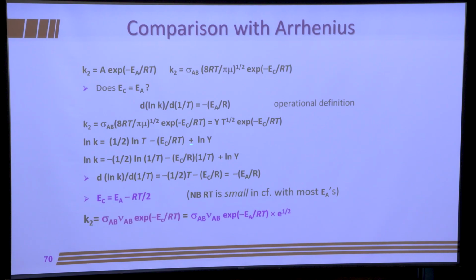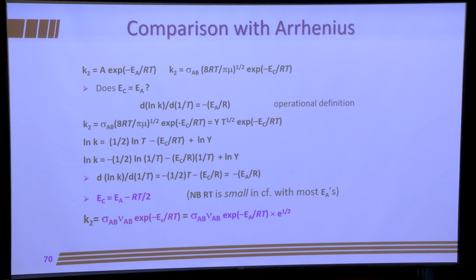So let's just write that as equal to Y times T to the half times the exponent of minus the critical energy over RT, just for argument's sake for now, okay? So we have log K is equal to half log T minus the critical energy over RT plus log Y, okay? Or log K is equal to minus a half log of 1 over T minus the critical energy over R times 1 over T plus the log of Y, okay?